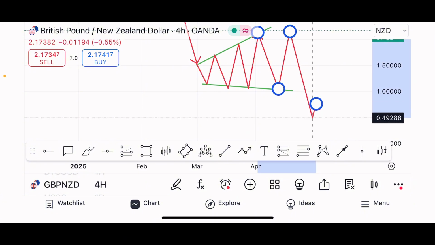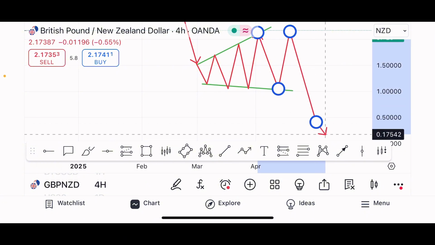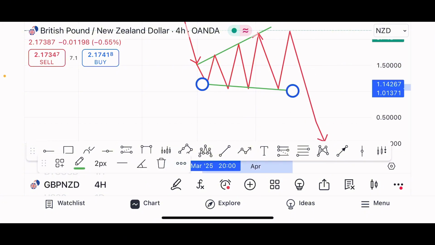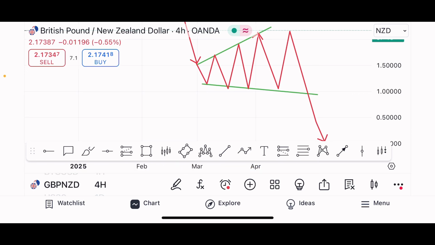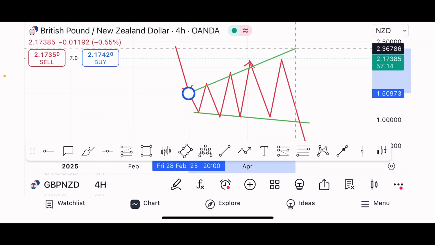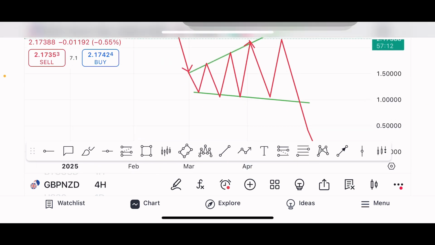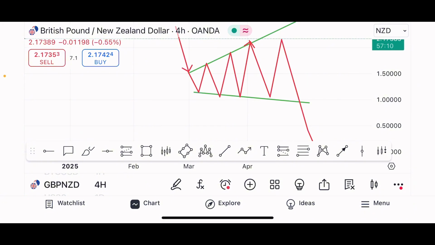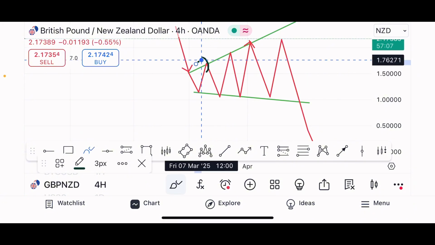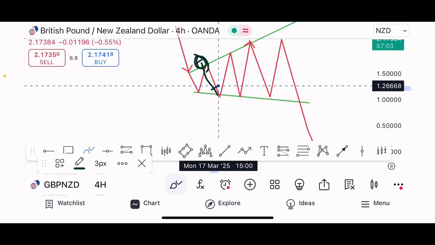and continue. So you must capitalize on these price movements, guys. You must learn how to capitalize on these price movements, right? Maybe if you do take it, your first take will be a lot smaller because you sell at the resistance and we close at the support.